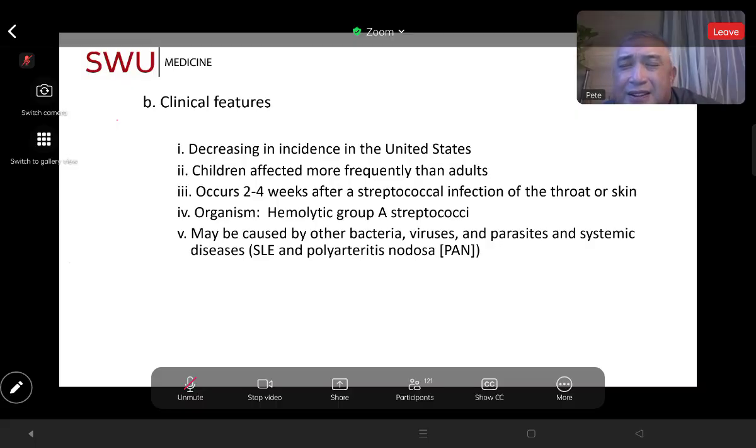This is what is known as nuka in Cebuano, but in English the term is pyoderma. So if you have pyoderma and then you develop hematuria, then that is post-streptococcal glomerulonephritis.